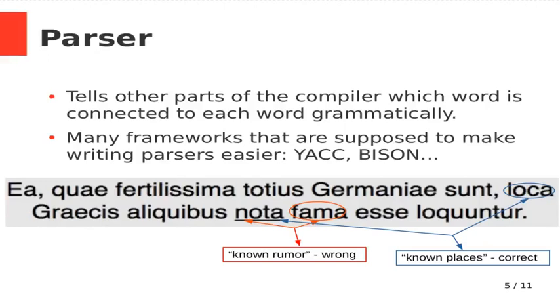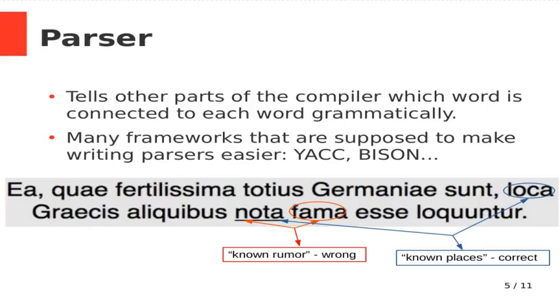For instance, in this sentence from Julius Caesar's De Bello Gallico, there are the words nota and fama next to each other, and if you know only a little bit of Latin, you will probably guess that they are connected grammatically and that this is some kind of a pleonasm, meaning noun rumor, nota meaning noun and fama meaning rumor.